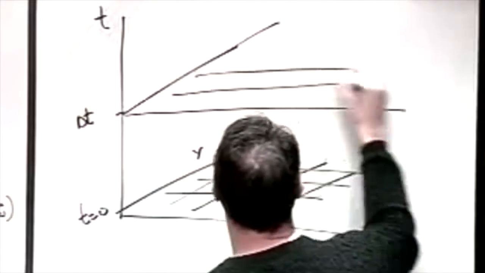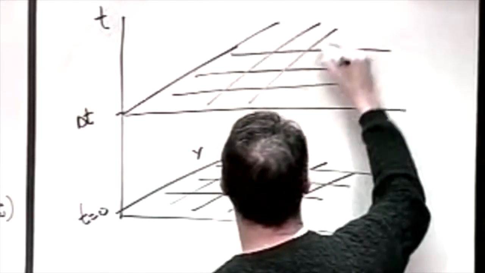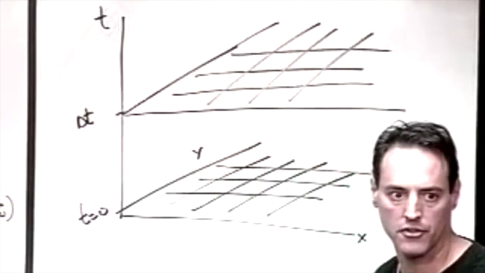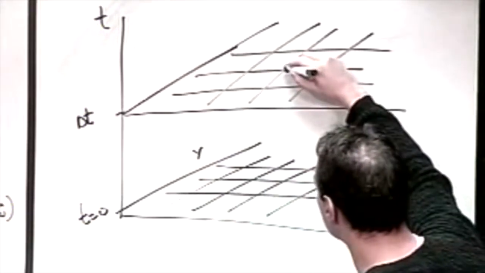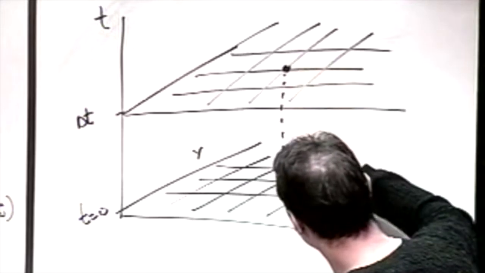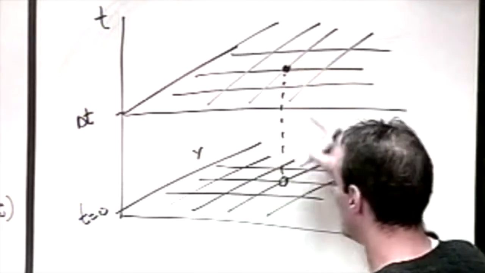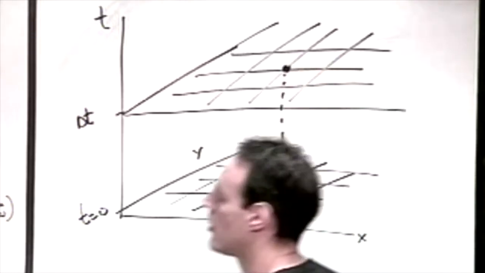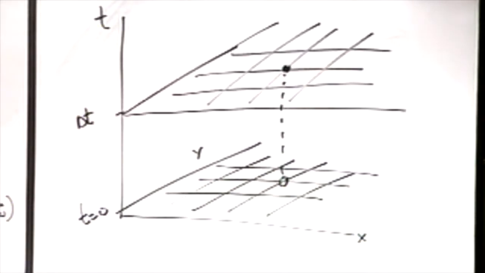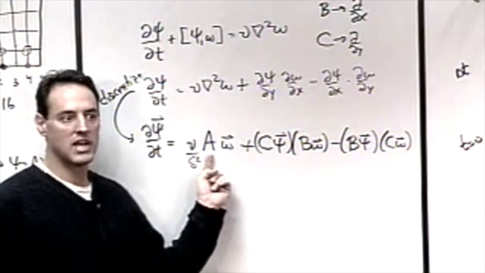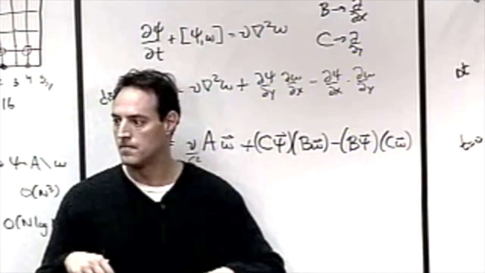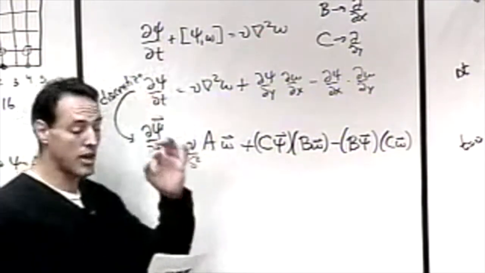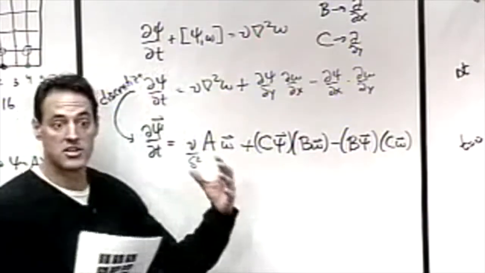Well, in delta t, I still have these same points. How do I get a point delta t into the future? Well, it turns out that for any point in the future, notice that, for instance, the A matrix tells me that I rely on my neighboring points. So my solution in the future at a certain point relies on neighboring points.